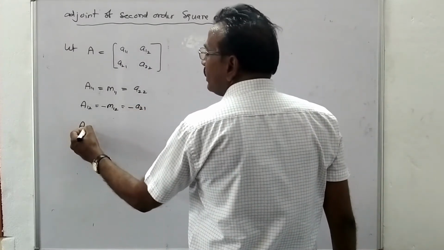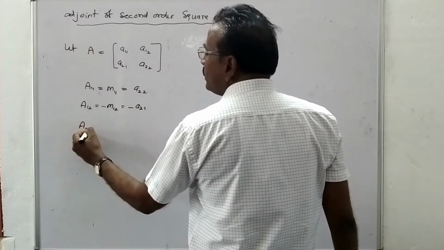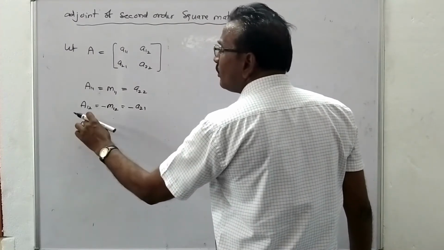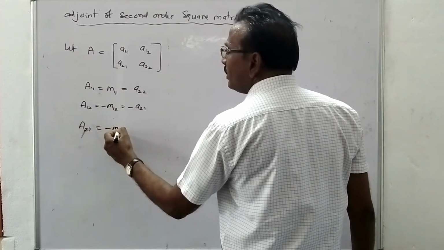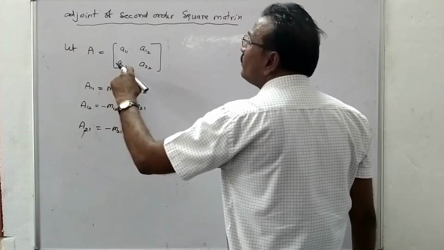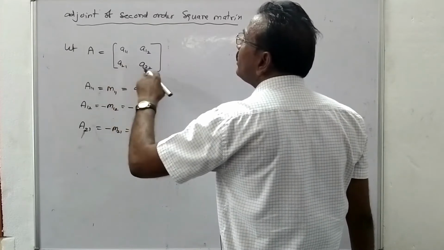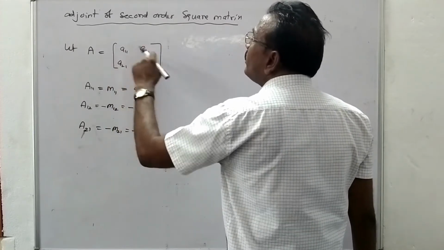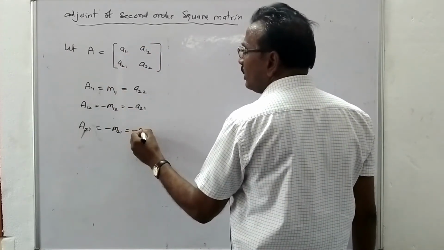Next A21: the sign is minus 1 to the power of 3, that is minus, times capital M21, the minor of A21. The minor of A21 is obtained by deleting the second row and first column, and the determinant of one element is itself, that is A12.